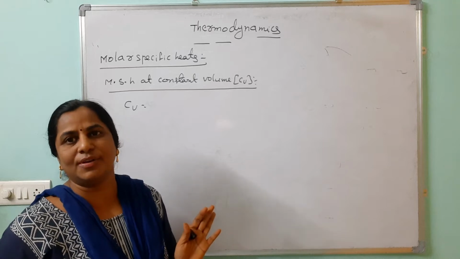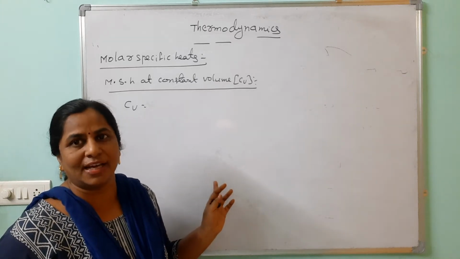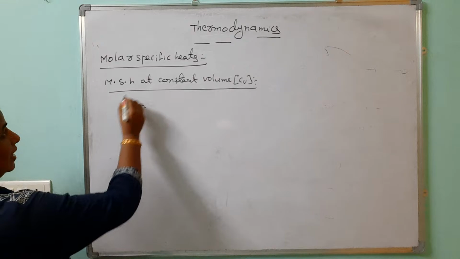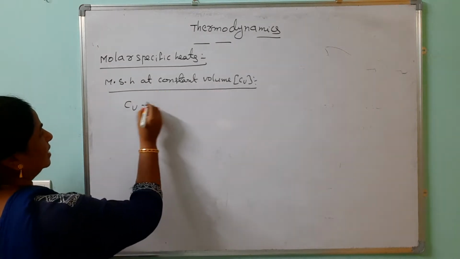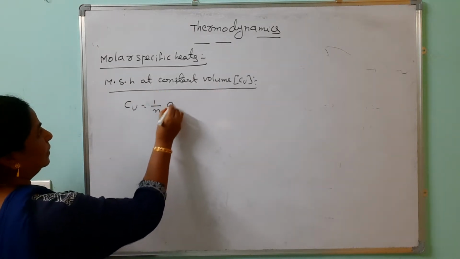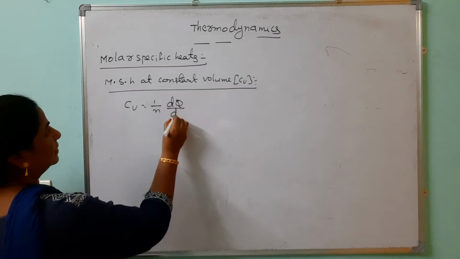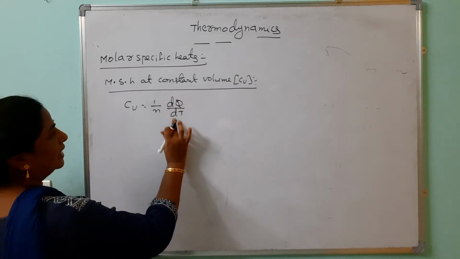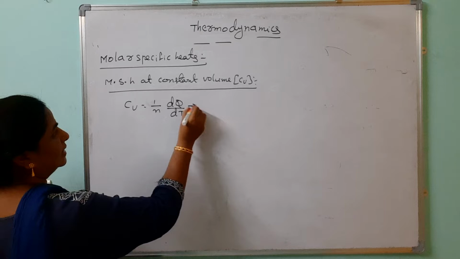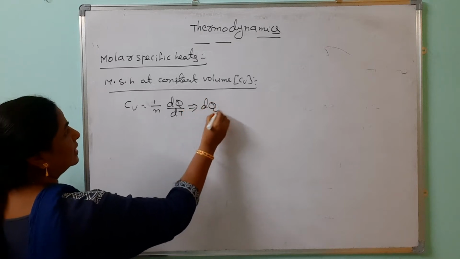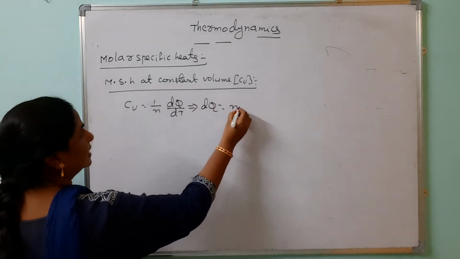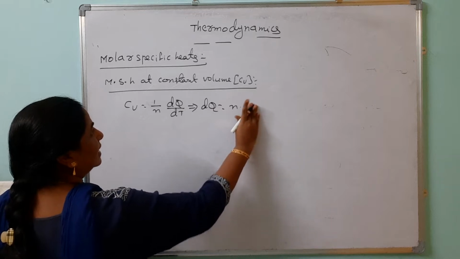So instead of unit mass, here we are taking 1 mole of gas; that is called the molar specific heat at constant volume. CV equals 1 by n into dQ by dT. Here dQ is the heat energy and dT is the temperature change, not time. From this you can write the change in heat energy as n CV dT.